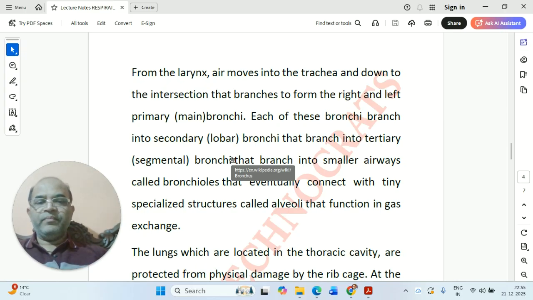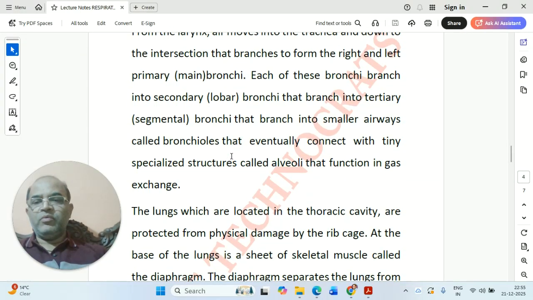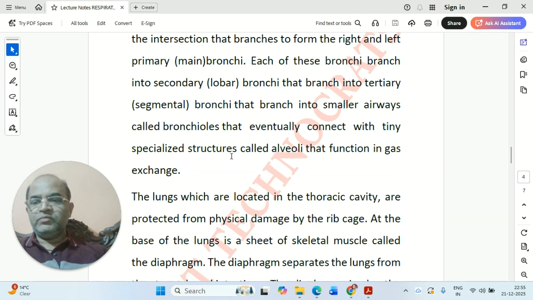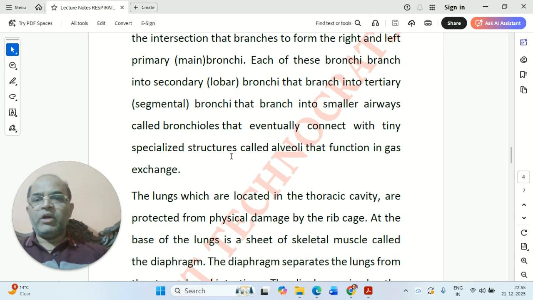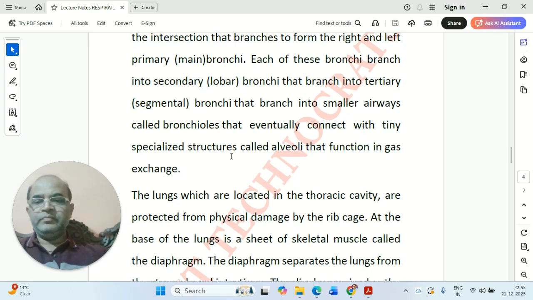Each of these bronchi branches into the secondary bronchi, and at the last are the terminal bronchi. Between the secondary bronchi and the terminal bronchi, there are 16 divisions found.